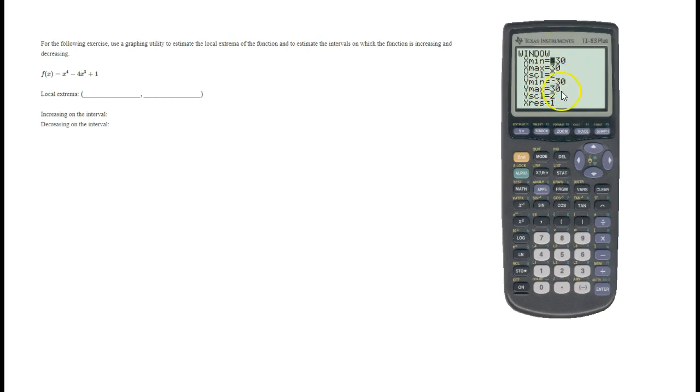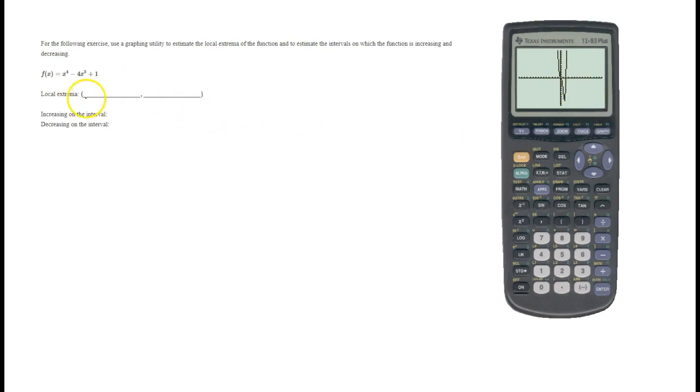Sometimes you need to adjust this in order to be able to see your graph. As you can see down here, it's not real clear, but there's a minimum here somewhere. And then if we look here, it goes on. If we kept going up, we'd see this graph goes on forever.